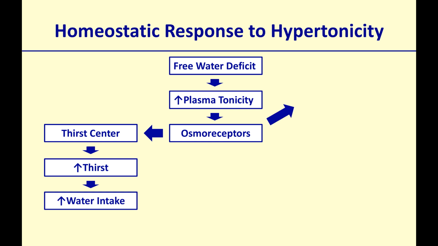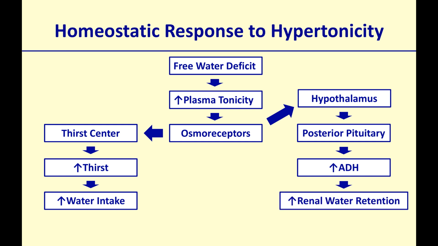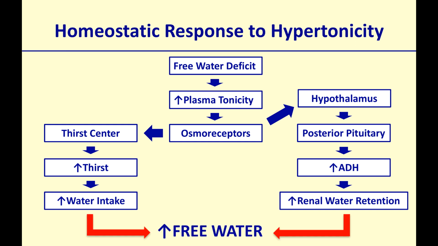The osmoreceptors also can send signals to the hypothalamus, which will then increase the production of ADH, and the ADH will travel down into the posterior pituitary, and then it will be released into the circulation. And ADH will work in the kidneys by increasing water retention in the kidneys. So increased water intake by thirst and increased renal water retention will cause an increase in free water, which will improve the initial free water deficit.